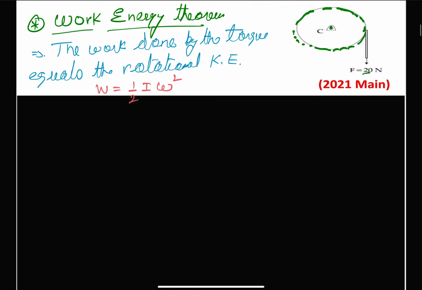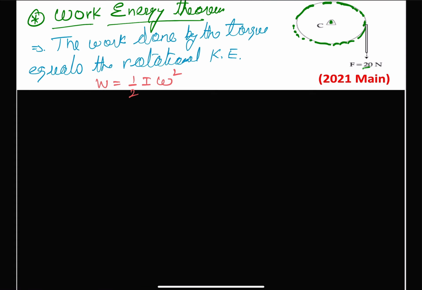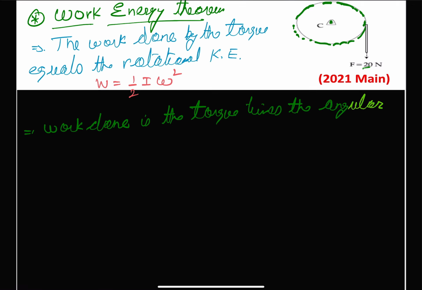And work done also can be represented in terms of the angular displacement. So we can also say that our work done is the torque times the angular displacement.